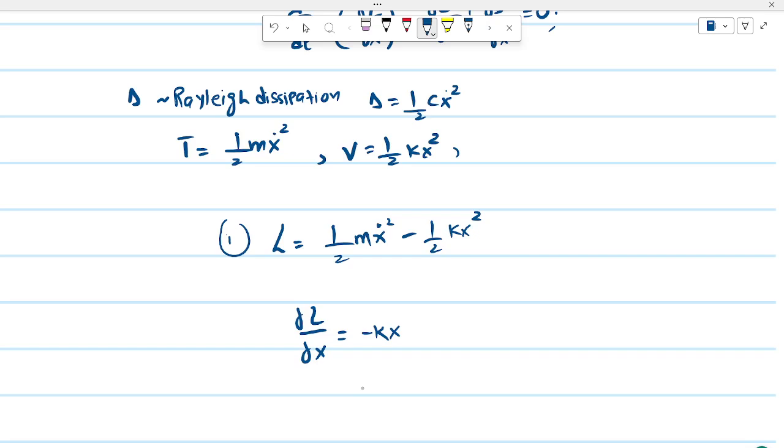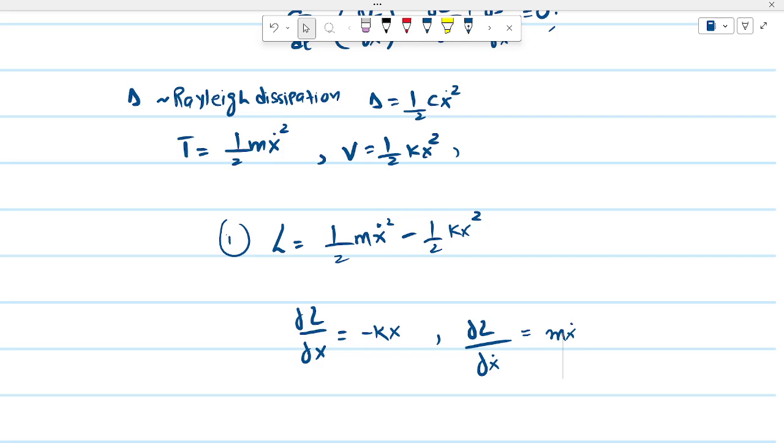We are only left with the second term; the power comes down, the 2 cancels out, and we are left with k x. If you differentiate with respect to the velocity, the potential term goes to 0, and we are left with m x dot.